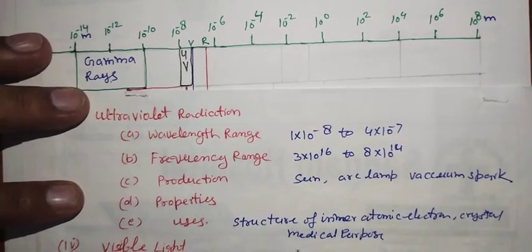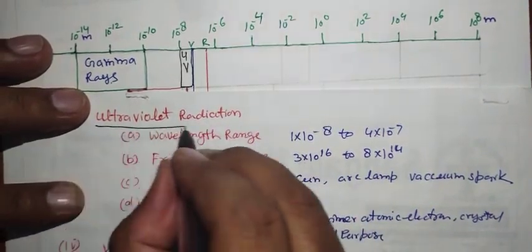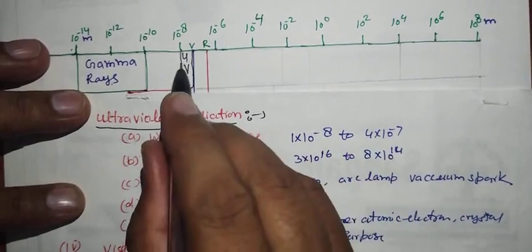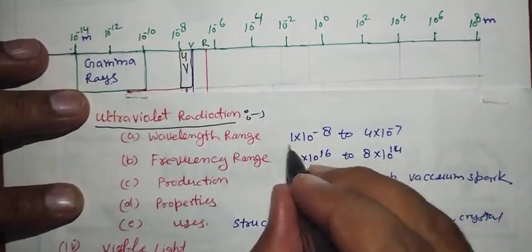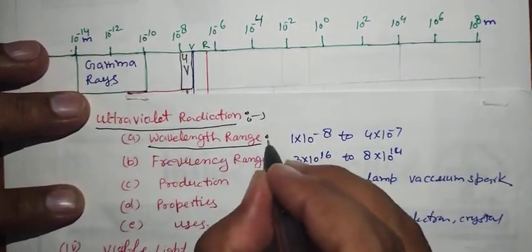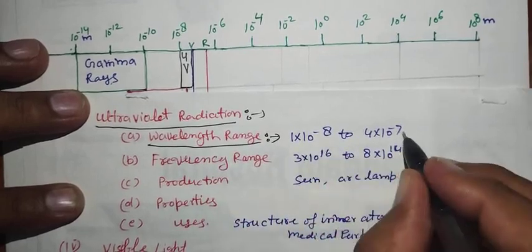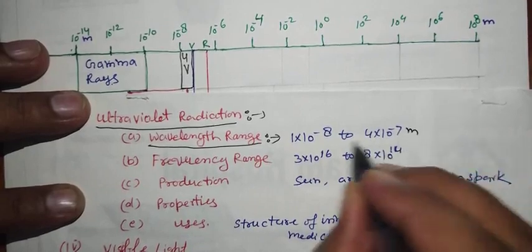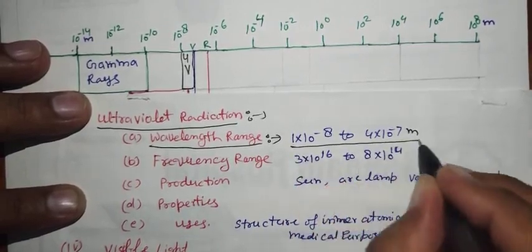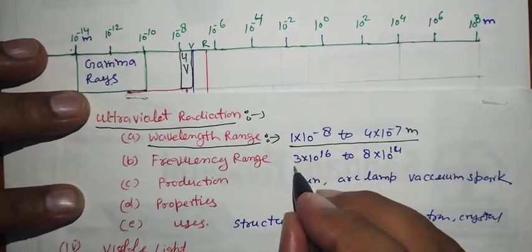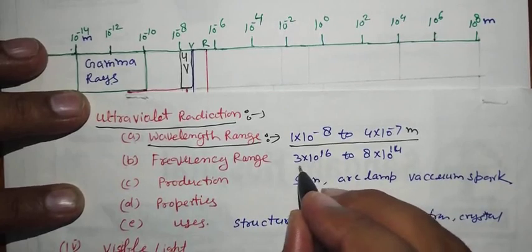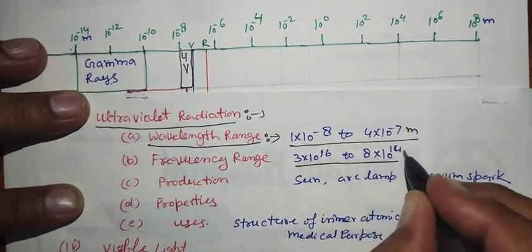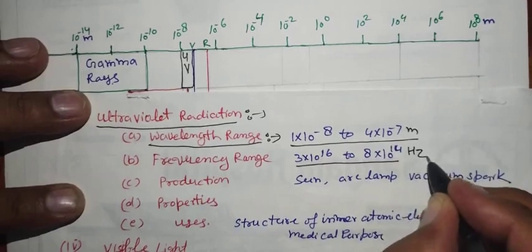Let us see very carefully. Ultraviolet radiation, which is found here in this spectrum, has a wavelength range from 10 to the power minus 8 to 10 to the power minus 7 meter. Frequency range is from 3 into 10 to the power 16 hertz to 8 into 10 to the power 14 hertz.